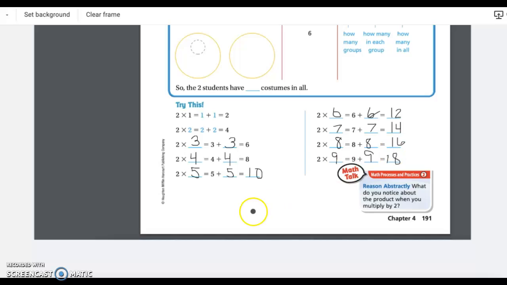What would 2 times 10 be? Do one more. 2 times 10 would be 10 plus 10, which is equal to 20.